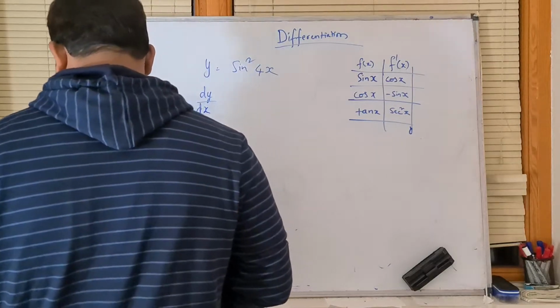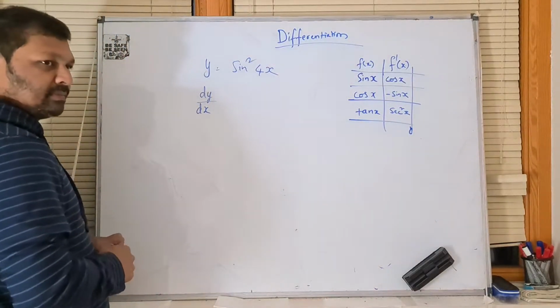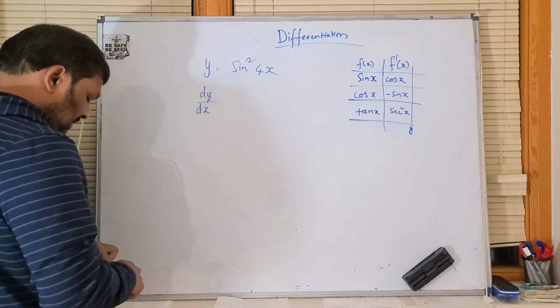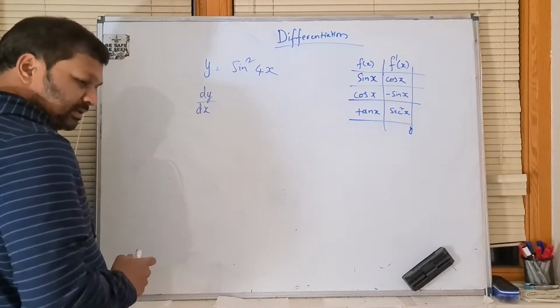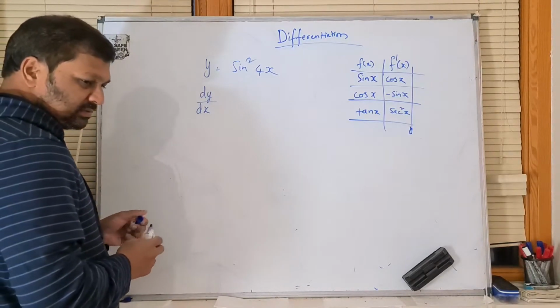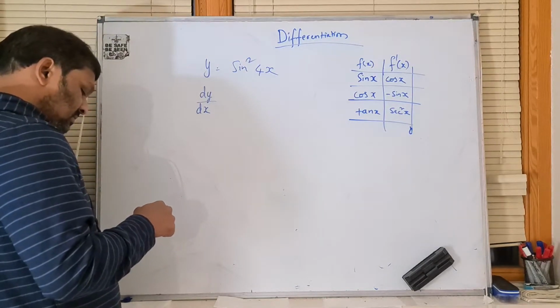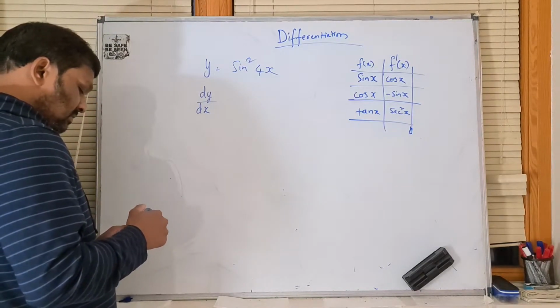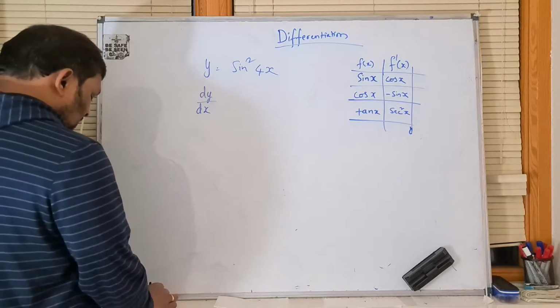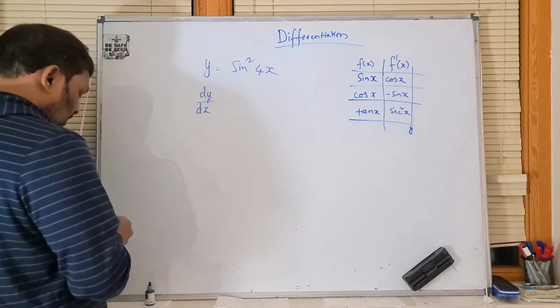What is the answer? 2 sin. Sin x is cos x. Is it? No, the squared. A number of formulas you need to apply here. It's not just one formula.